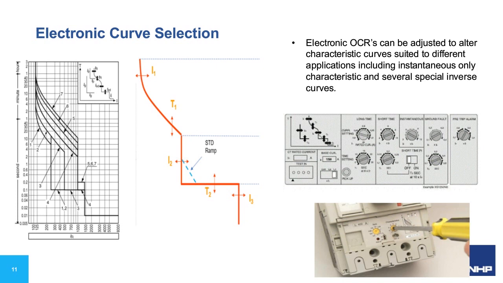Some electronic OCRs feature preset curve shapes based on typical applications that you can simply alter with the Ir settings. These are achieved with two setting adjustment dials. Other OCRs, or overcurrent relays, feature 5, 6 or 7 dial adjustments, as well as fully adjustable OCRs featuring full access to the setting register via LCD screens and digital adjustment tools.